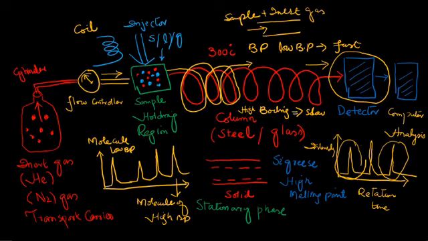On the basis of using the mass spectrometer, the gas chromatograph is known as GCMS, gas chromatography mass spectrometry. The mass spectrometer will also separate different types of gas molecules on the basis of mass to charge ratio. If you want information about mass spectrometry, please watch our lecture on mass spectrometry.